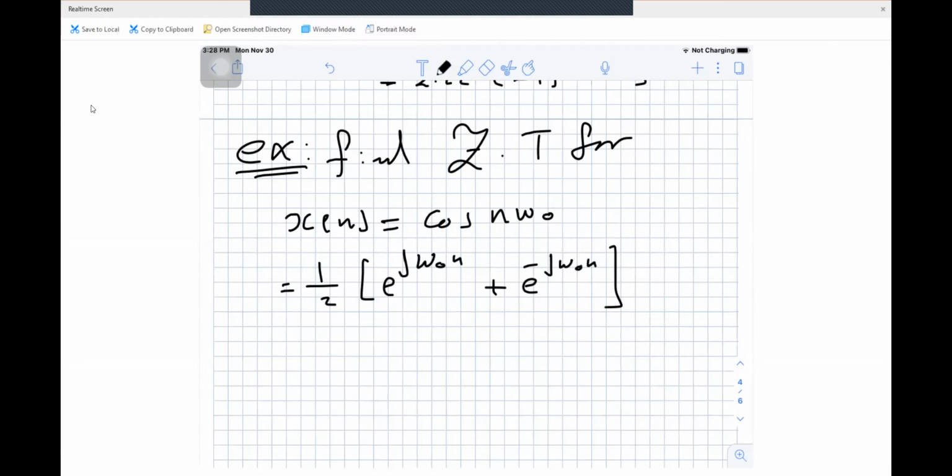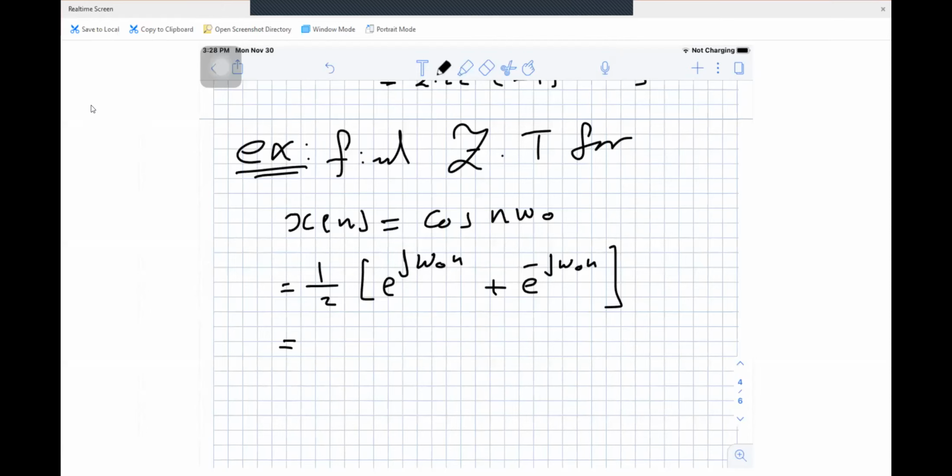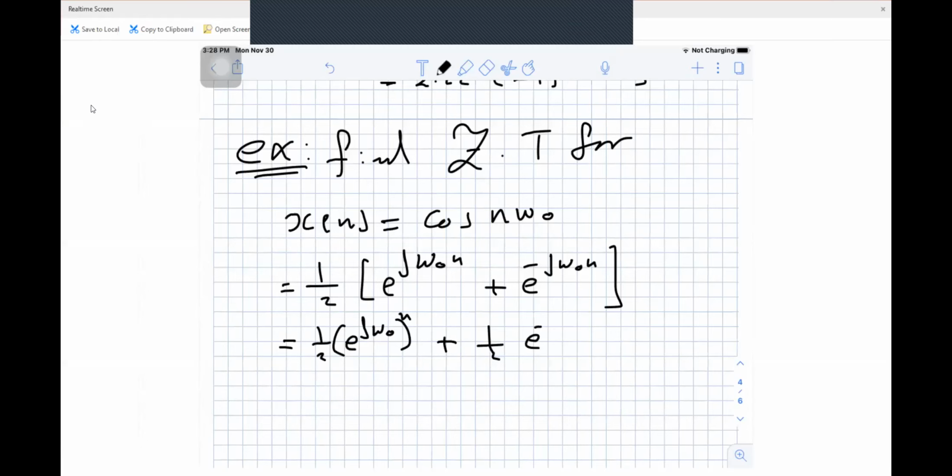Now, it will be two terms: 1 over 2 e to the j omega naught raised to power n plus 1 over 2 e to the minus j omega naught again raised to power n.